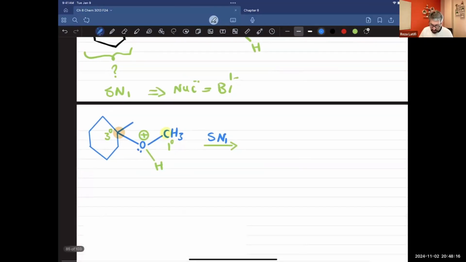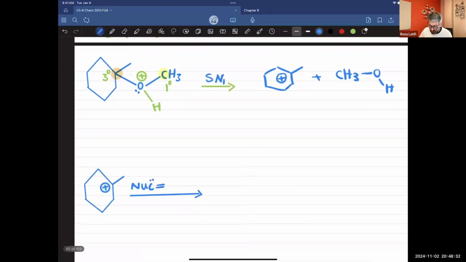Again, as I said, this one is going to leave the system and give us this intermediate plus CH3OH. Then this intermediate will react with the bromide as a nucleophile, and this is going to be our final product. Okay, so we got this product.